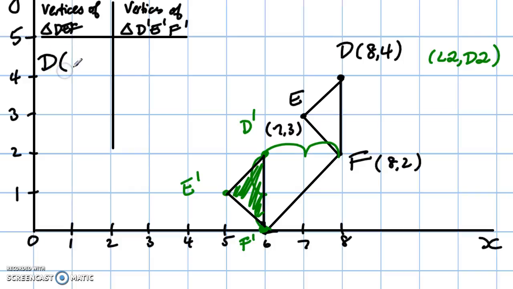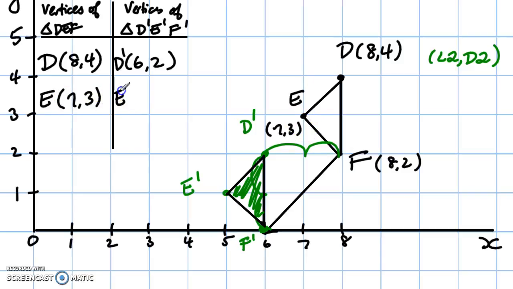Remember original D, and make sure your ordered pairs are in brackets, was at (8, 4). If we compare it with D prime, we see that D prime is at (6, 2). E is at (7, 3).